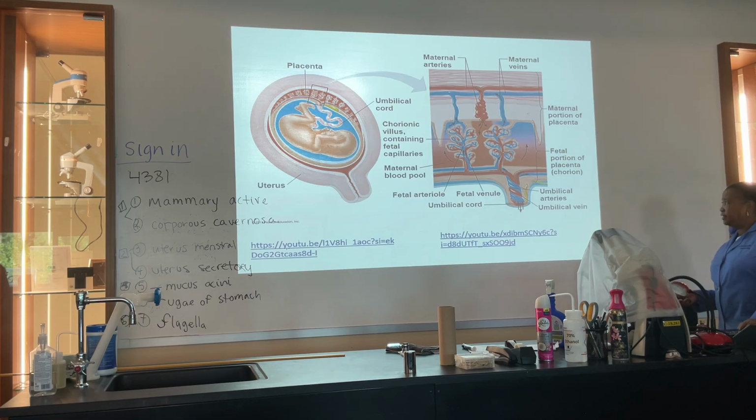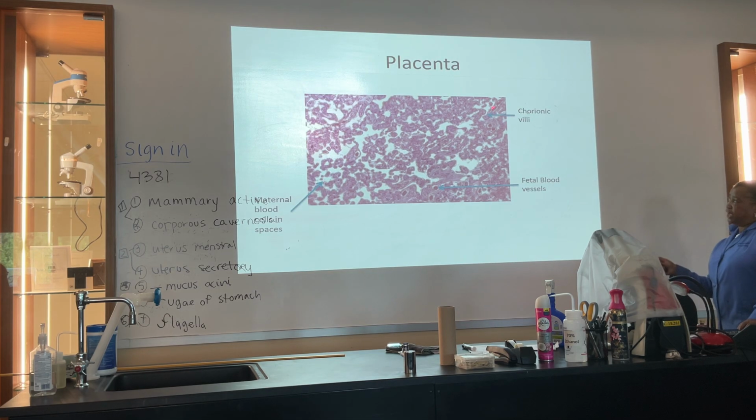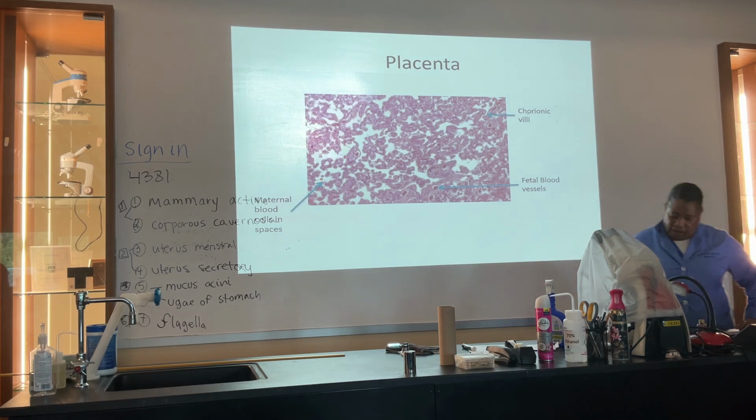Those are the chorionic villi. And the other part, the spaces where you see blood, that is the maternal side. Okay? So again, the tissue is the chorionic villus, and where you see the blood vessel, that is chorionic villus too, around it. But in these spaces is where the maternal blood is going to be. Okay? All right.